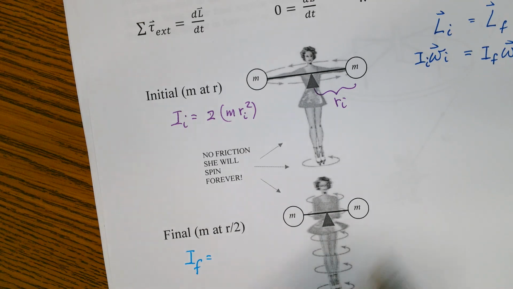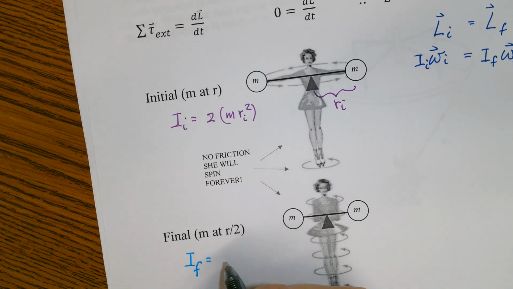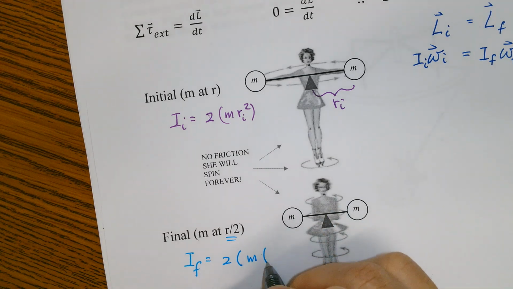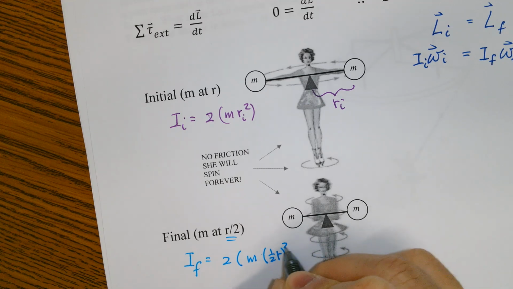But let's just say you only do half as much. Then what happens? You get 2 times m times 1/2 r squared.